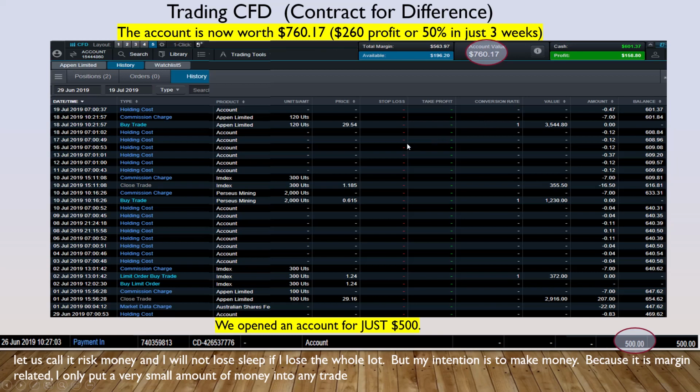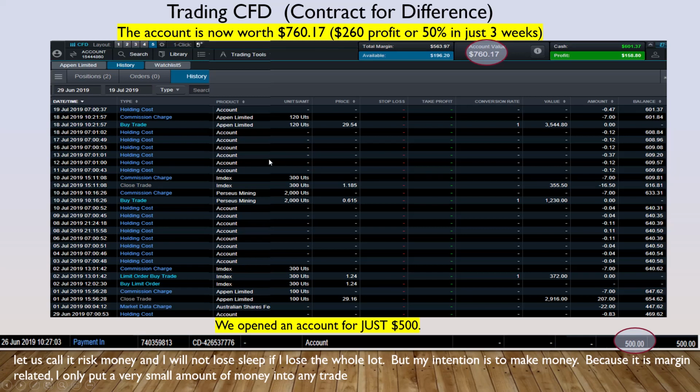So, to start with, we opened the account on the 25th of June. We put in $500, and within 3 weeks, as you can see here, the account value at the top became $760. That is $260 profit, or 50% in just 3 weeks.